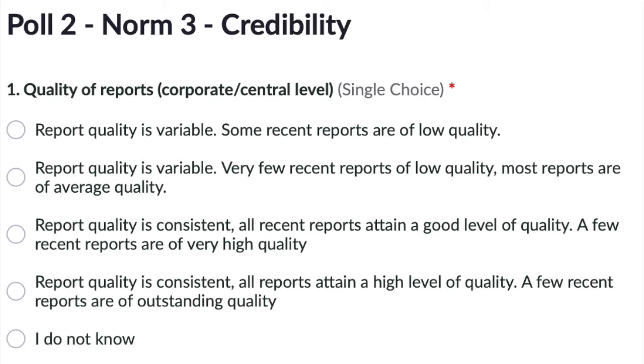There's very much consensus on the second and third levels. Most of you say that the report quality is consistent and that all recent reports attain a good level of quality, and a few recent reports are even of very high quality. And then the second largest group says that report quality is variable.